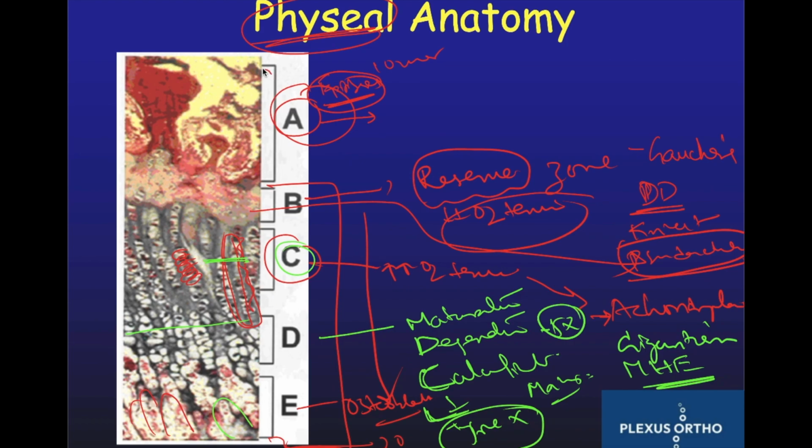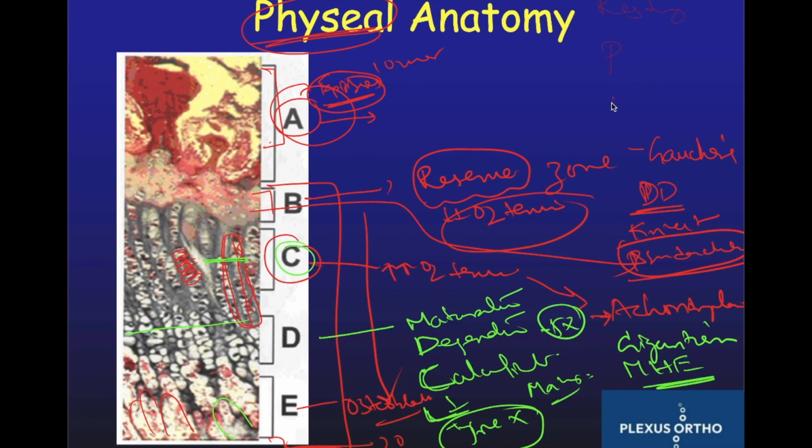So to recap, this is the epiphysis, zone A. Zone B is the resting zone. Zone C is the proliferative zone.